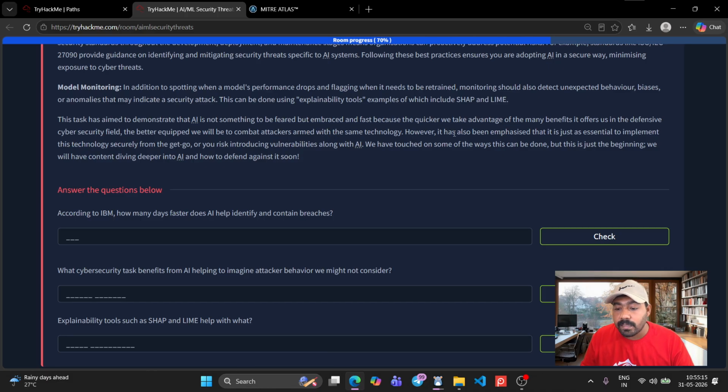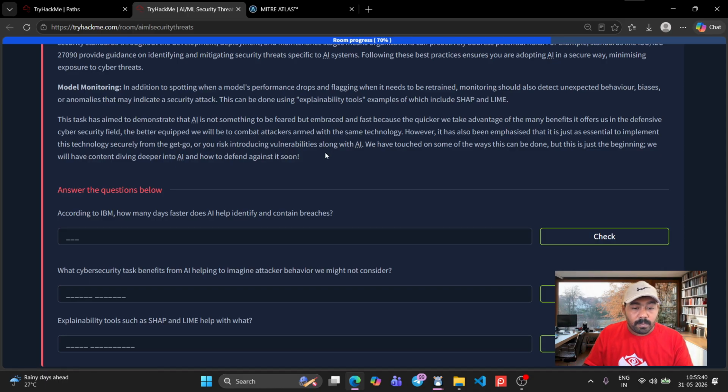However, it has also been emphasized that it is essential to implement this technology securely from the get-go, or risk introducing vulnerabilities along with the AI. We have touched on some of the ways this can be done, but this is just a beginning. We will have content diving deeper into how AI defends against attacks.